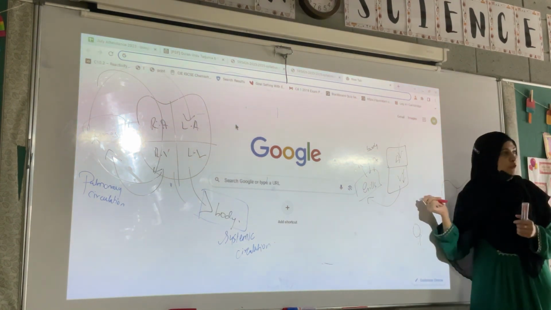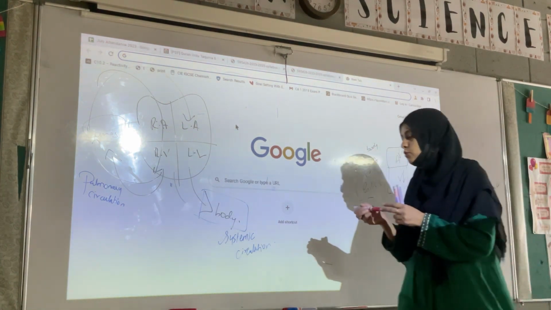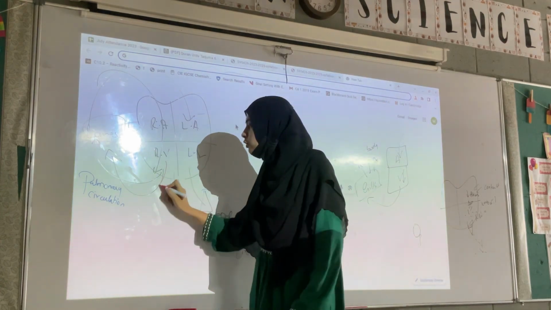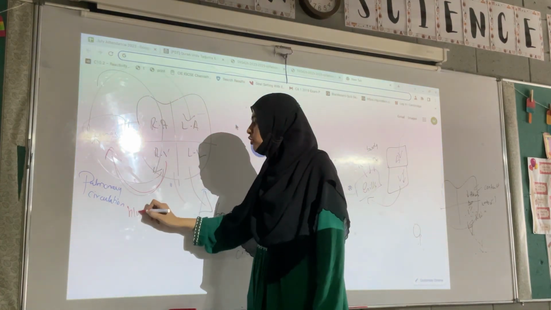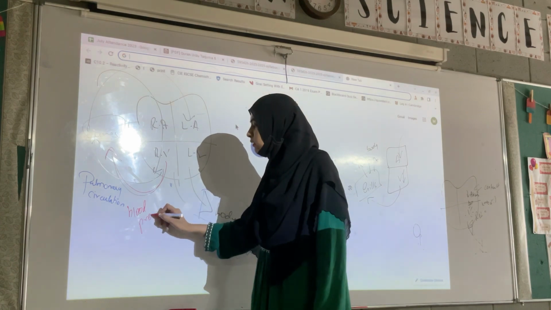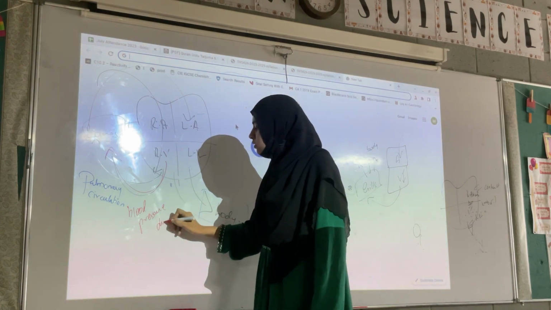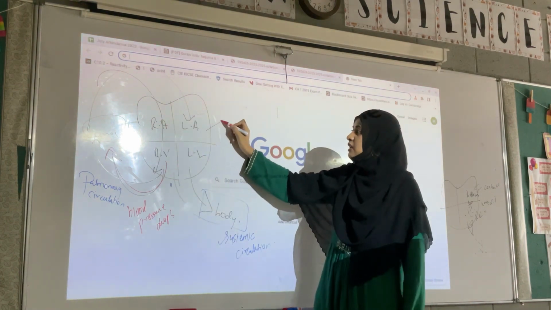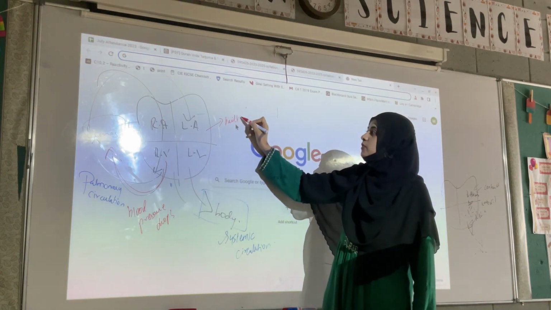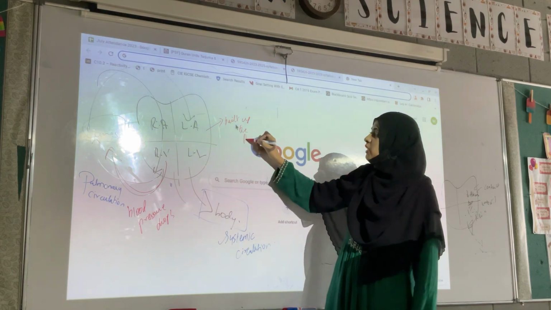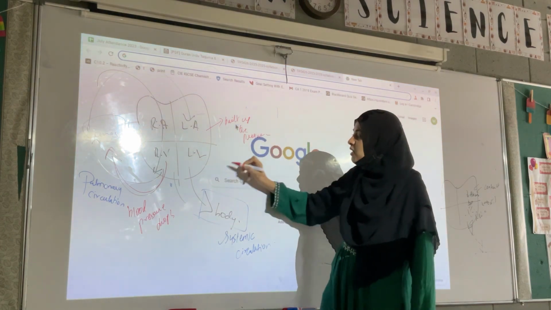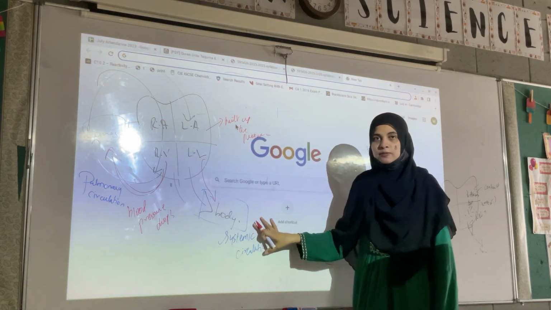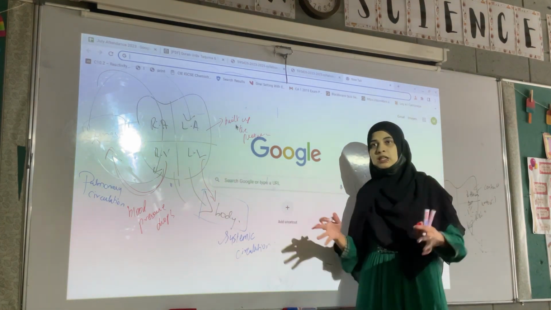Now what is the advantage of double circulation over single circulation? Listen to this very carefully. When blood goes from the heart to the lungs, the blood pressure drops. So when blood comes back from the lungs to the heart again, it builds up the pressure. With that high pressure, blood is pumped to the whole body, because to reach all the organs it needs high pressure.